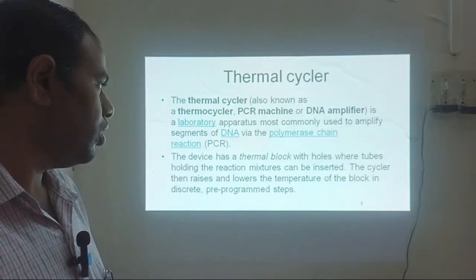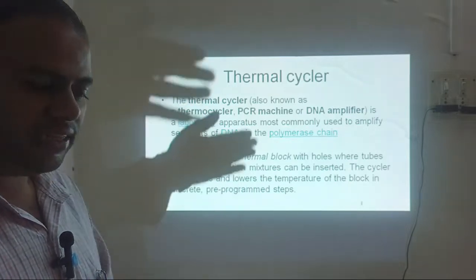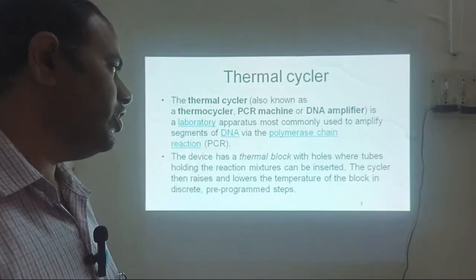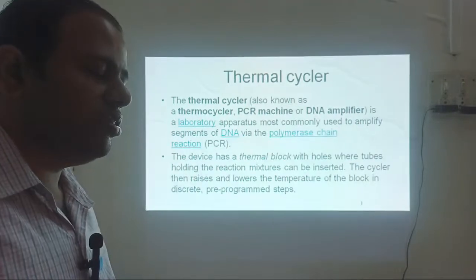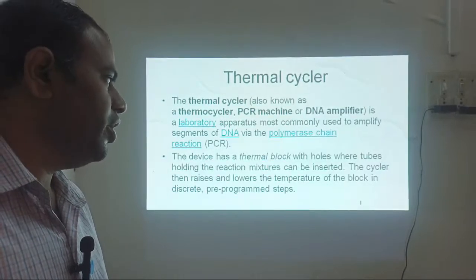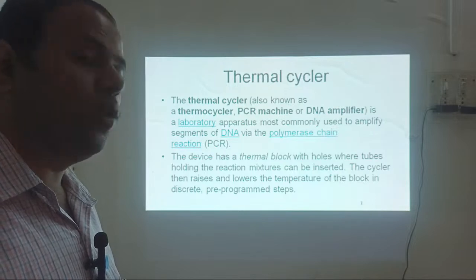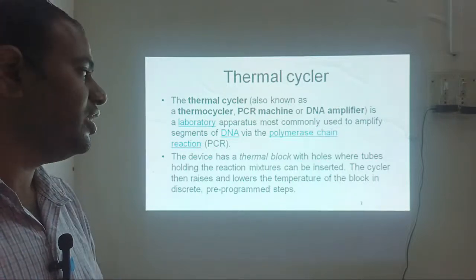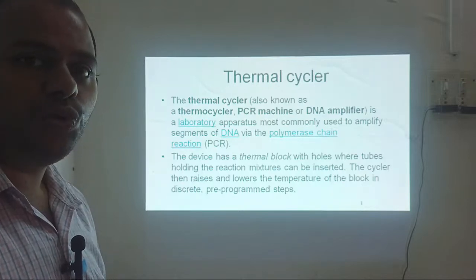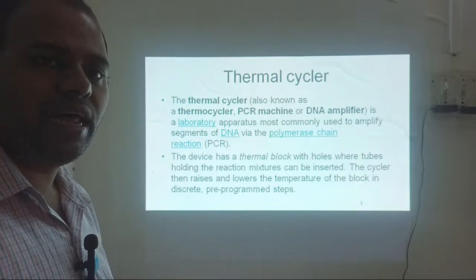So what does this device consist of? It has a thermal block at the center, with lots of holes in it. You put the PCR tubes in it. Remember the PCR tubes have to be autoclaved and nuclease free. The reaction mixture is prepared and inserted, and you set a proper protocol according to which the PCR is going to happen.